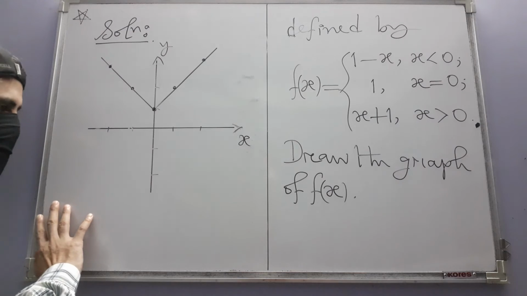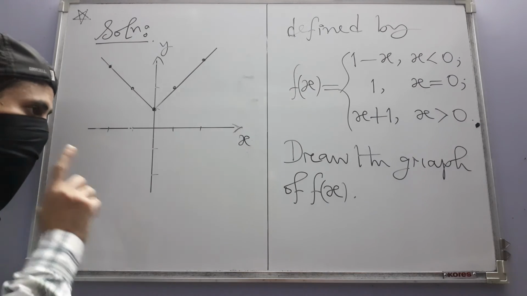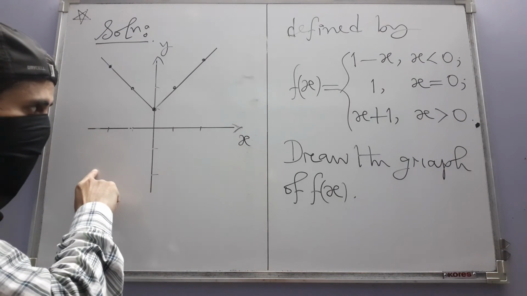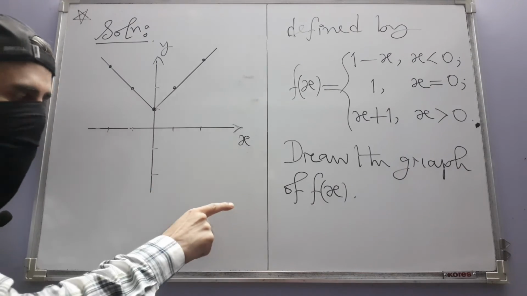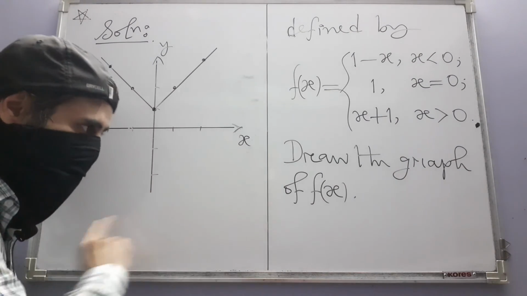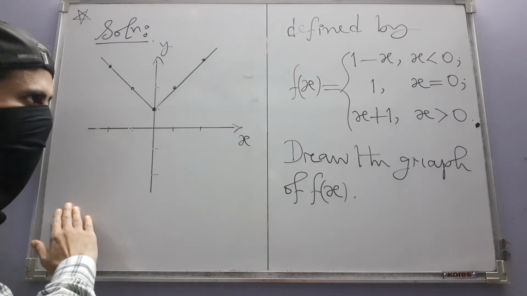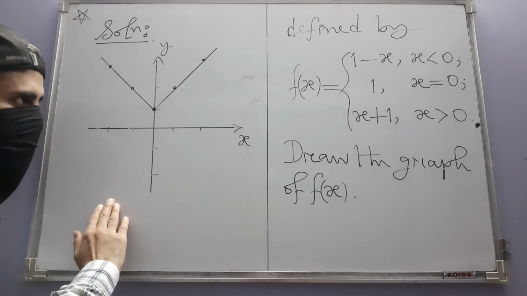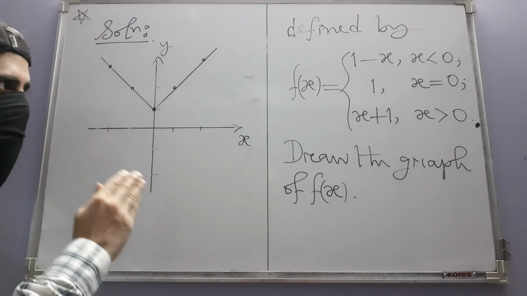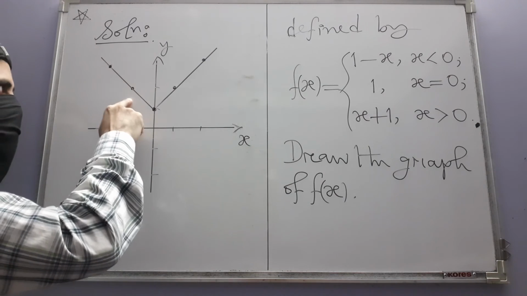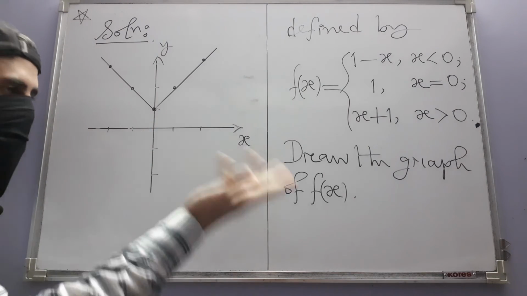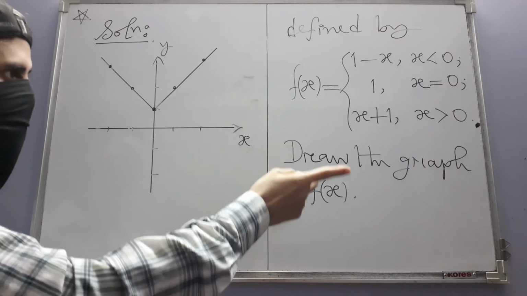Keep in mind, if you do it like this, you will then have to write down those things that I have said. That on the negative side of the x-axis, it's a linear function. So the graph is going to be a straight line which passes through these 2 points. And the similar thing for the positive side.